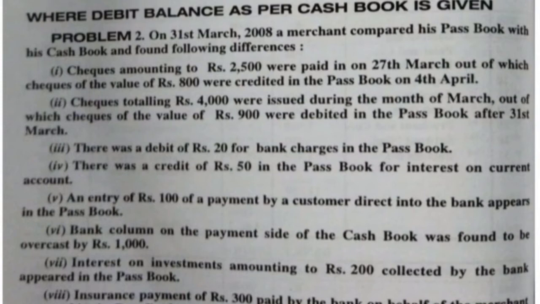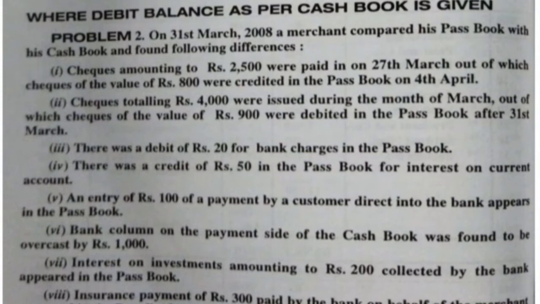Am I clear with this? Okay, next one. There was a debit of rupees 20 for bank charges in the passbook. Means in the passbook they are deducting the amount of 20 on behalf of the account holder.